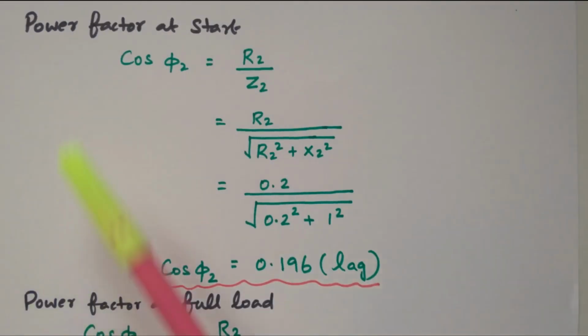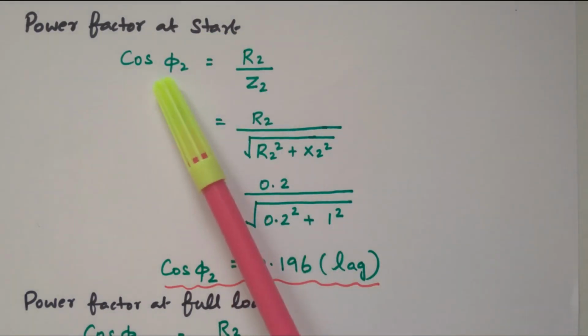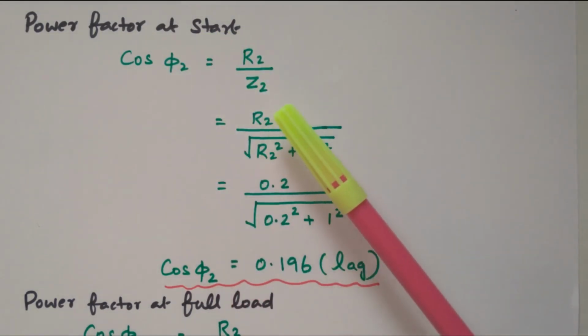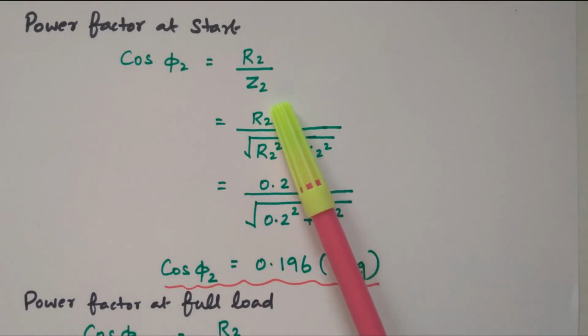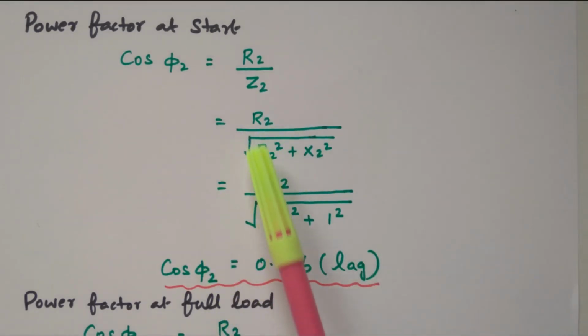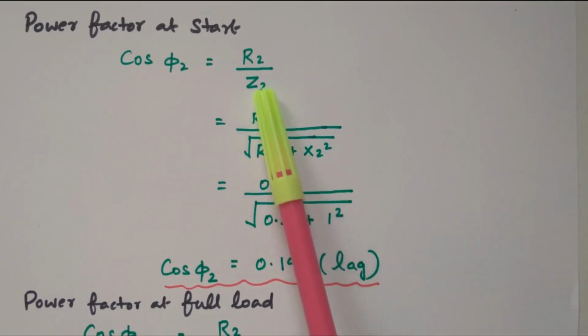First, we will find the rotor power factor at the starting condition. Very simple formula, cos phi 2 equals R2 by Z2. The power factor, one simple formula is available, resistance divided by impedance, R2 divided by Z2. Z2 is nothing but square root of R2 square plus X2 square, resistance and reactance, so that we will get the impedance.